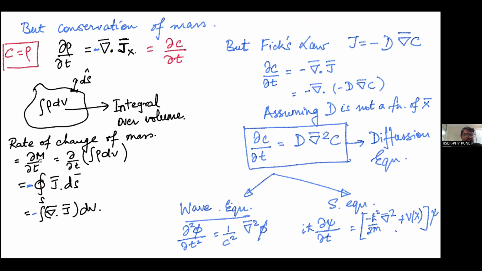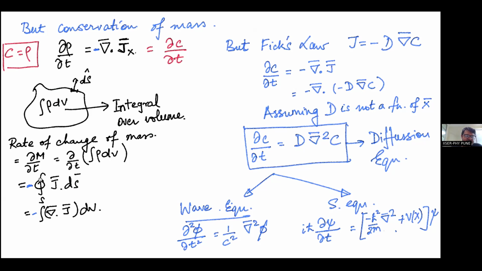Now, the rate of change of mass of the liquid in this volume is equal to the flux current flowing out through the surface.